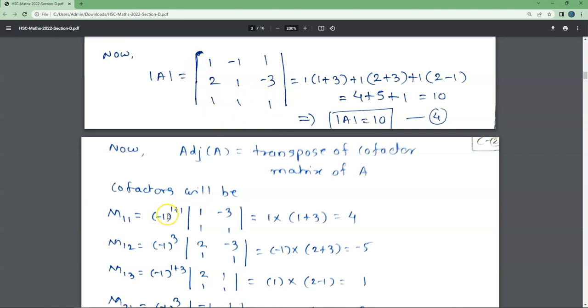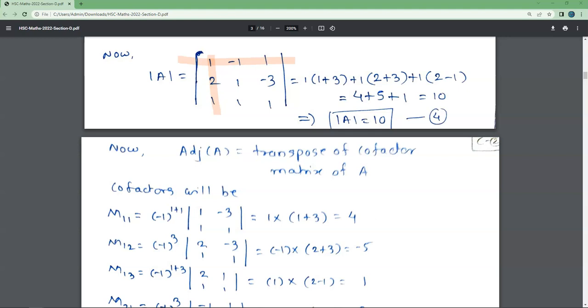फक्त इथे काय करायचंय? The formula of cofactor is what? M st is equal to what? Minus 1 raised to s plus t, and then skip the sth row and tth column, and then find out the determinant. Now in this case M11, you will skip this, right?